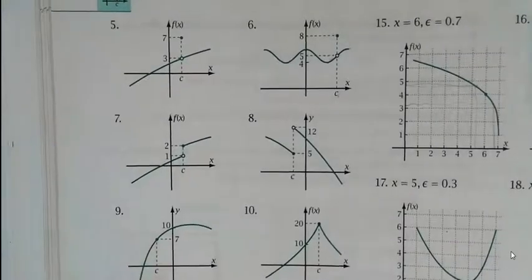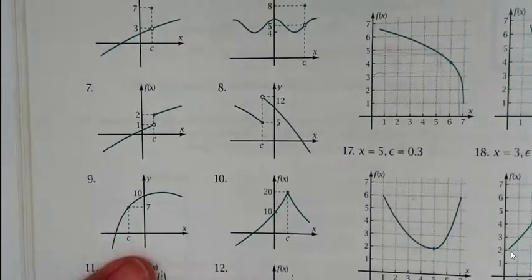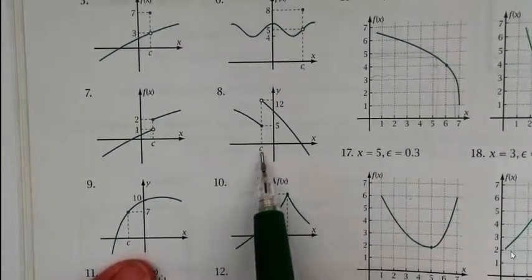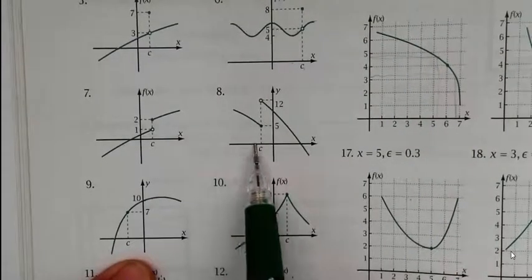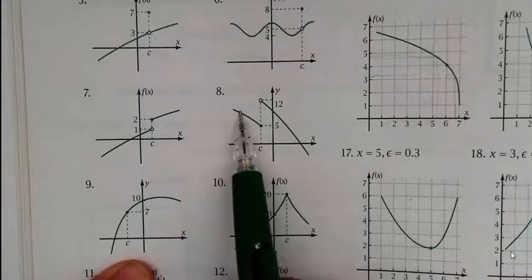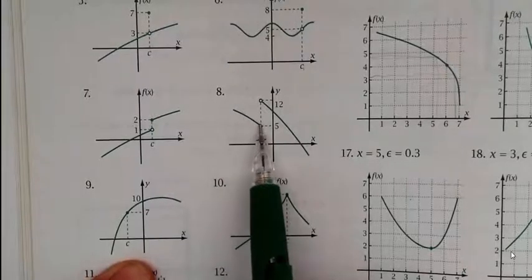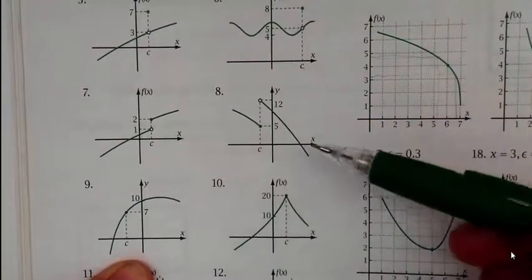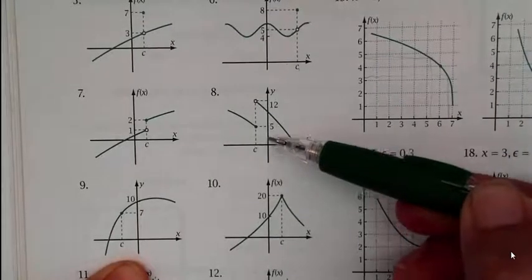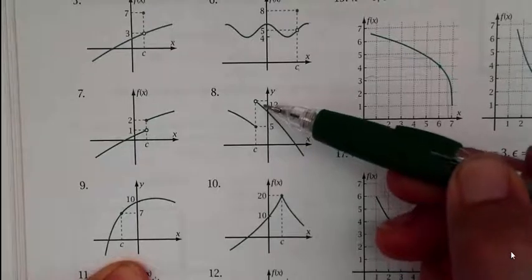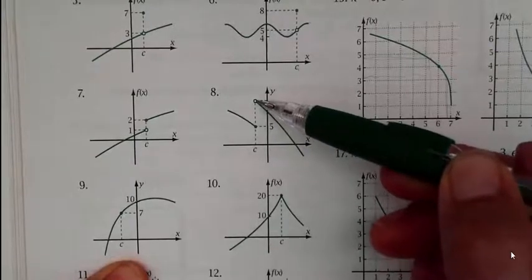All right, let's look at 8. Okay, so 8, here's my C. I'm approaching C from the left. When I do that, I'm up here, right, and I'm coming down towards this value. And now I'm also approaching from the right, and as I approach from the right, I'm approaching this higher value. So is there a limit?